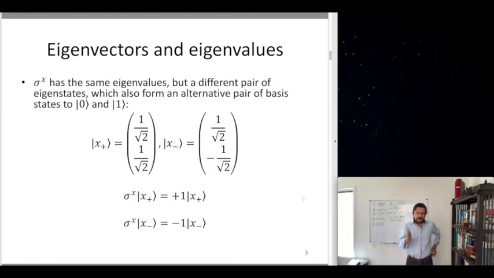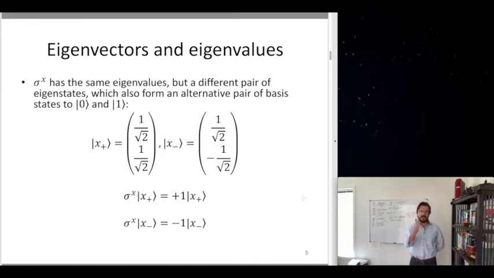We have the eigenvectors 0 and 1, the basis vectors that are the eigenvectors of these matrices, and then the eigenvalues, which are minus 1 and 1, for all of the Pauli matrices. The X matrix has the same eigenvalues, but a different pair of eigenstates, which can also form an alternative pair of basis states to 0 and 1. These are also orthogonal to each other, but instead of 1, 0 or 0, 1, we create superposition states that are orthogonal to each other.